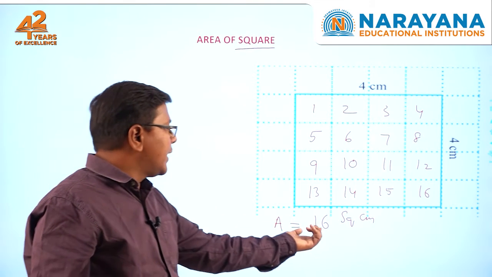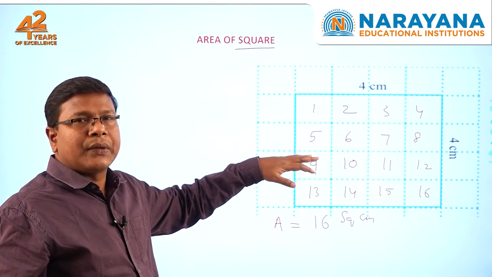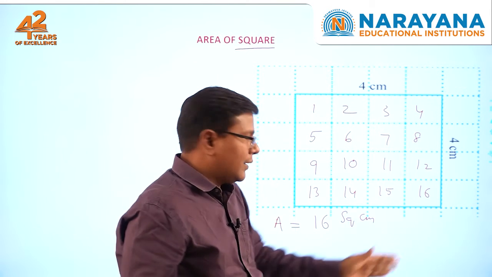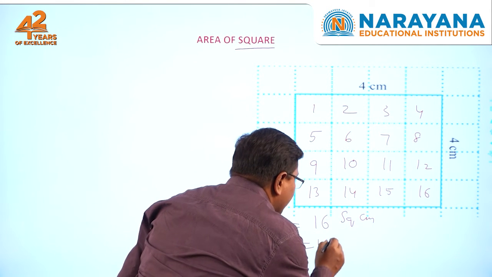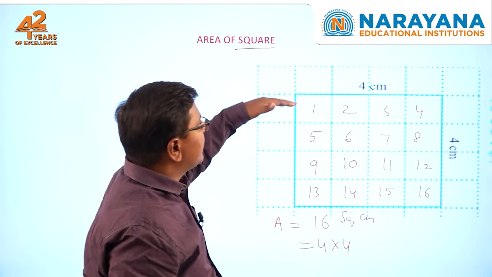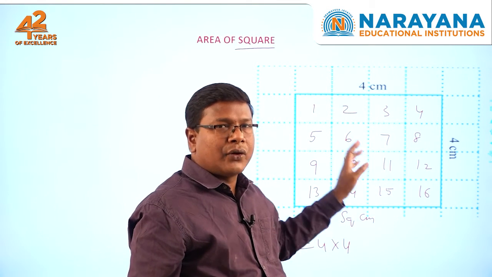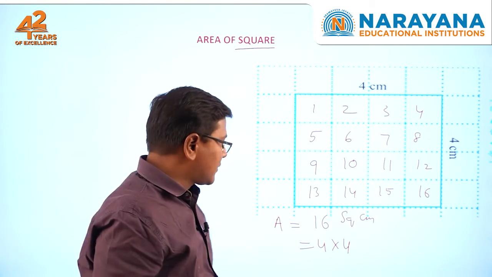Again, how is this area related to the length and breadth here? Here again 16 you can write as 4 into 4. That means there are 4 squares along this side and again 4 squares along this side. Therefore, there are 4 into 4, 16 squares. 4 is nothing but the side of this square.